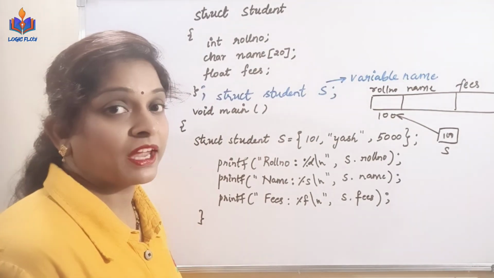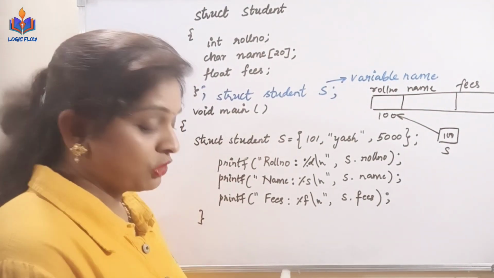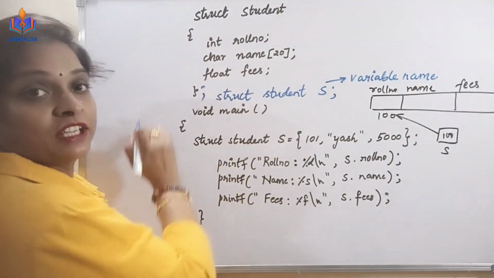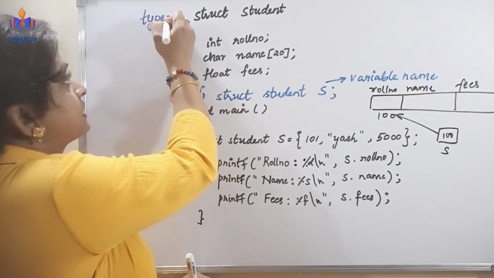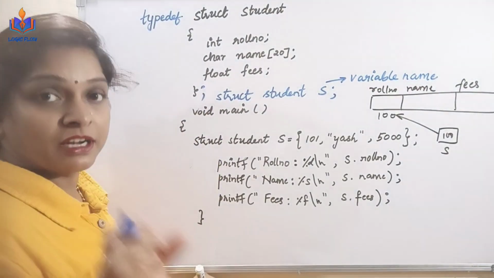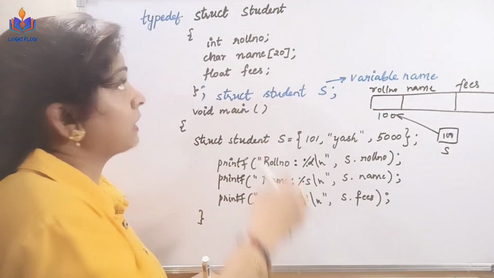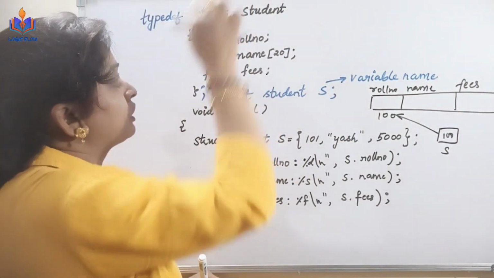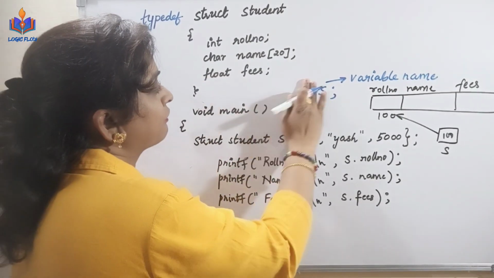So how can I minimize this with Typedef? Here I put the keyword Typedef. Type, it's a complete word. Typedef means I am redefining this data type, the user defined data type, struct student. How to redefine it?